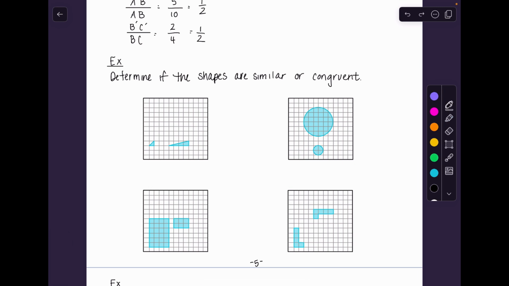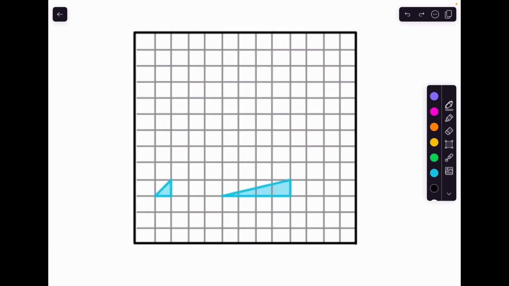We're going to determine if the shapes are similar or also if they are congruent or neither. So I'm going to zoom in for these just to make it a little bit cleaner. We're going to start with this first one. If I go ahead and look at this first triangle, these have side lengths 1 and 1, and this side length here is 1 and 4. So the problem is to go from here to here, we multiply this side by 4, but the same thing does not happen.